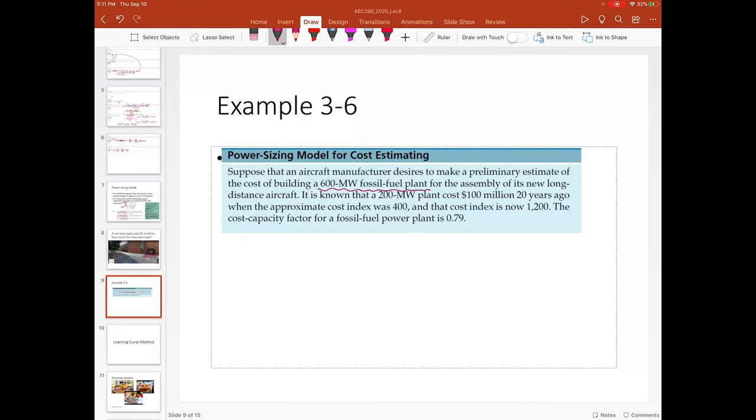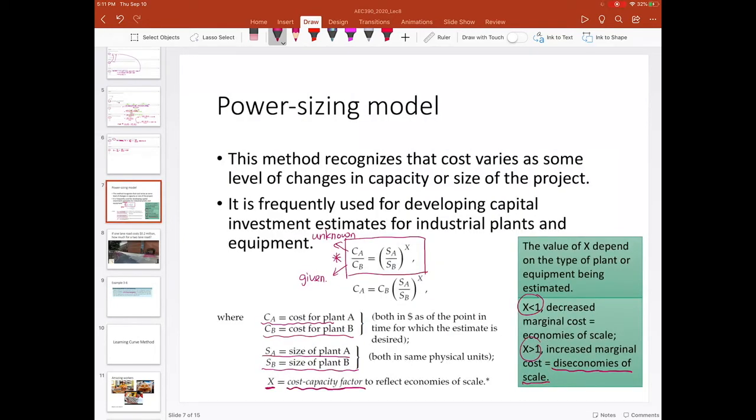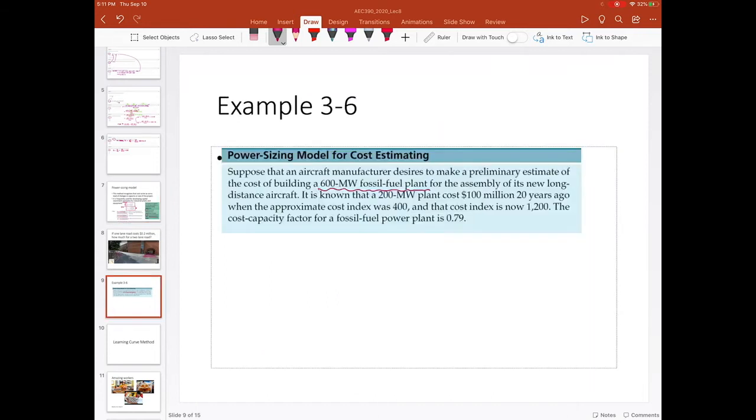So, let's just write down the given condition here, okay? So, it seems like we know the price of the smaller plant. Like what we said, CA over CB, we just want to copy this formula first. And actually the formula, we have two forms, and I would like to use the second form a lot, because that will give you the unknown variable CA on the left side and move everything to the right side, okay?